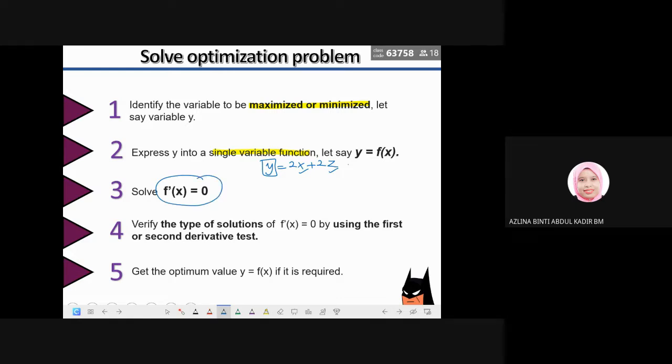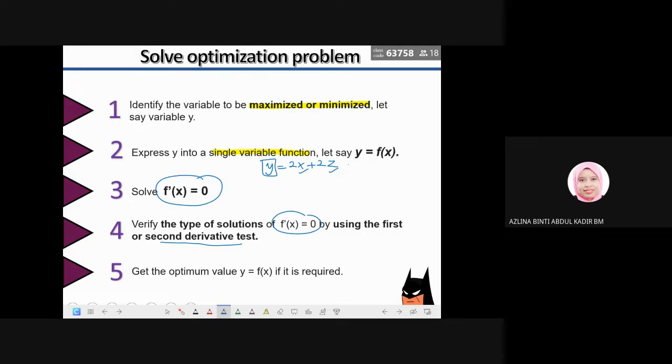Untuk dapatkan value of x tadilah, stationary value. Right, you equate to 0. Okay, then verify the types of solutions of f prime at 0 by using the first or second derivative test. Okay, nak check lah sama ada maksimum ataupun minimum. And then get the optimum value y is equals to f(x) if it is required.